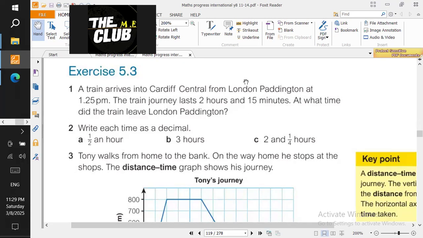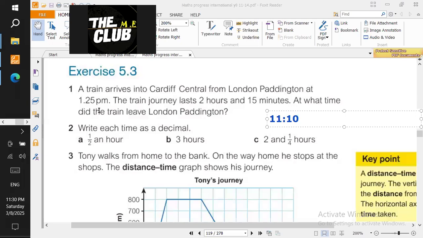So go back 2 hours and 15 minutes and check the time. When we go back 2 hours, the time will be 11, right? And then we go back 15 minutes, so the time will be 11:10. The journey started at 11:10.